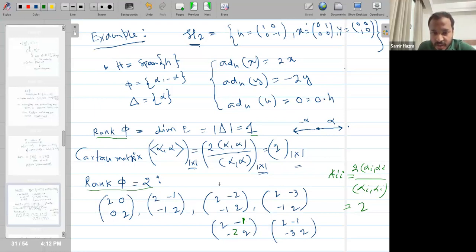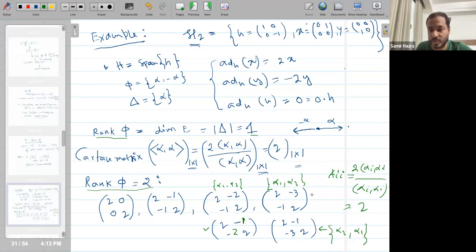But suppose this matrix is written in the order alpha 1, alpha 2. If we just change the order of the elements to alpha 2, alpha 1, then we get this other matrix. So just a change of ordering in the base elements, the simple roots, gives this. So they are actually considered to be equivalent, because a different ordering giving some Cartan matrix means the Cartan matrices are equivalent. Similarly here, if this is written with respect to alpha 1, alpha 2, then this is given by just the reverse ordering alpha 2, alpha 1.